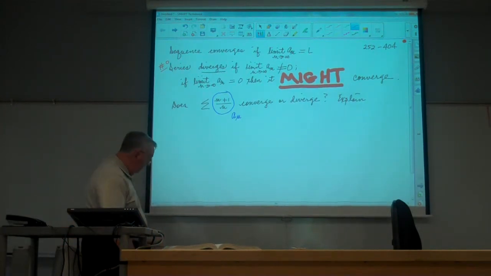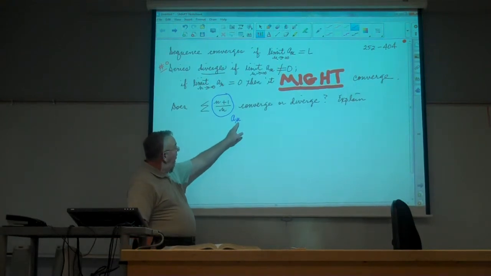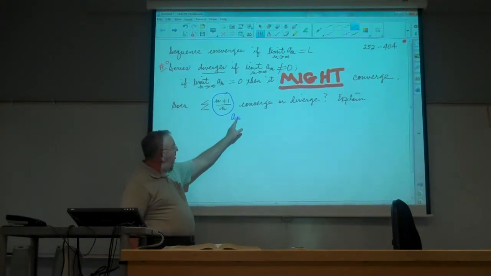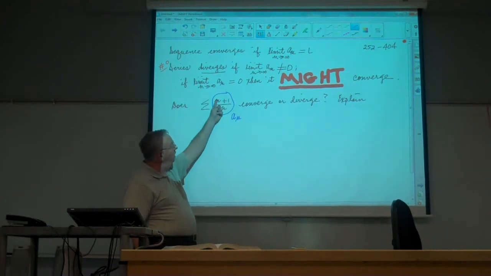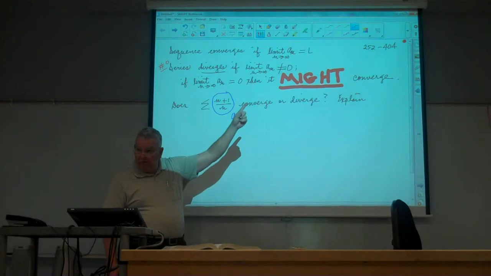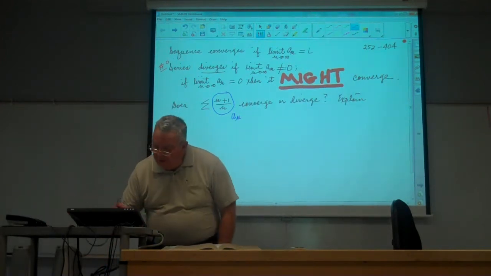Okay? And A sub 1 would be, in this case, 2. Why is it 2? Because A sub 1 is what happens when I put 1 in the place of n. And don't I get 2 over 1 or 2? Everybody follow? Okay.